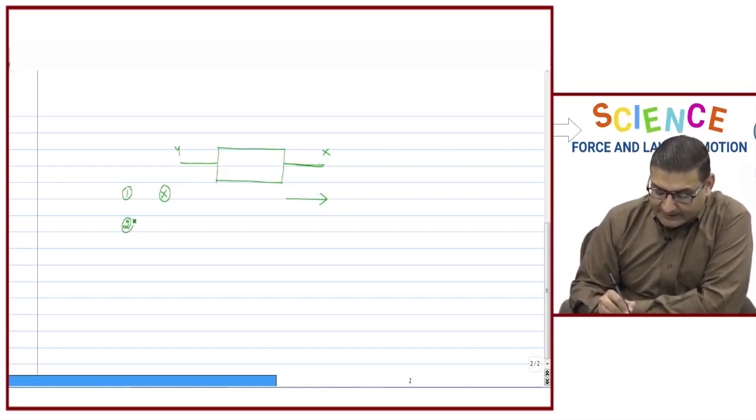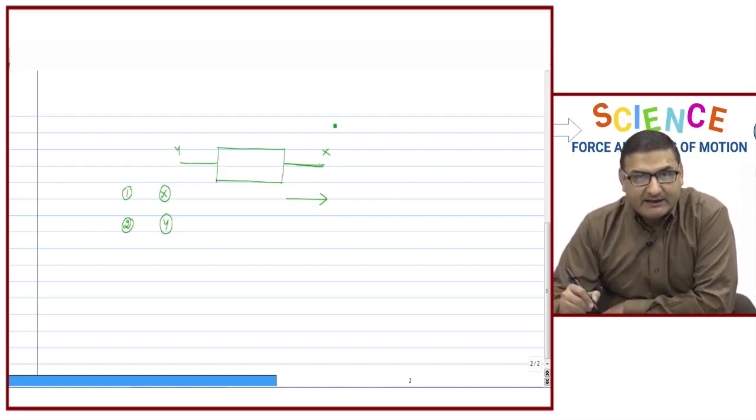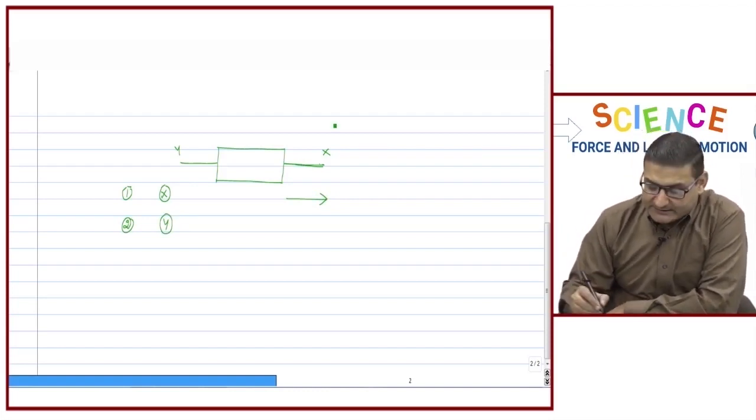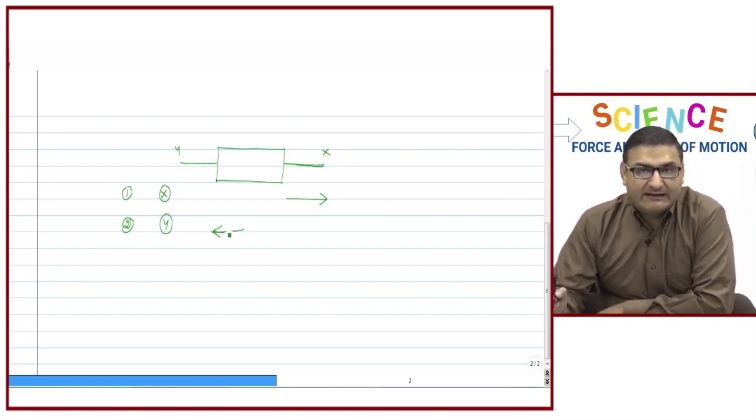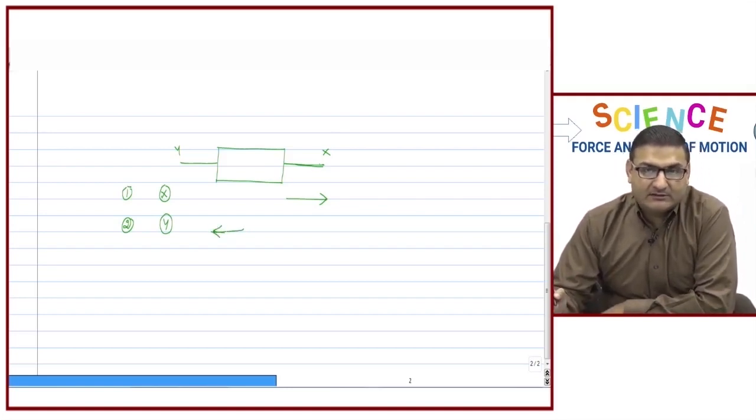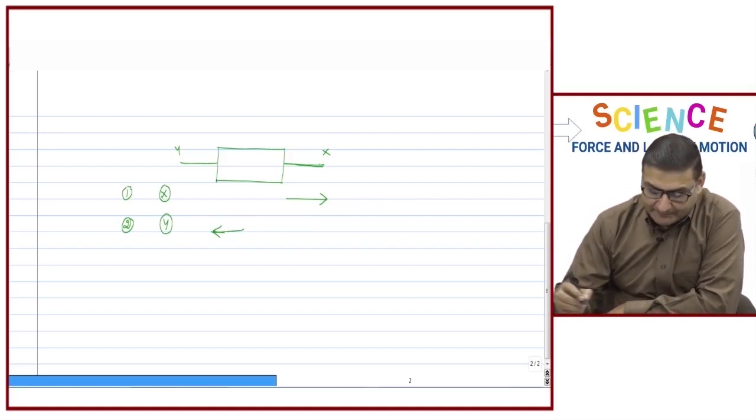If, keeping X constant, I pull the string Y, then we see that this wooden block will move in the left direction, that is, in the direction of force, right?